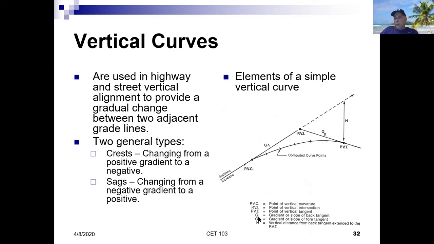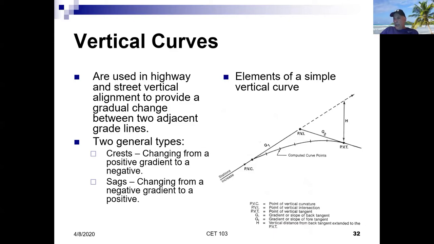Also, two key important pieces of vertical curves is the grade going into a curve and the grade going out of a curve. That's going to be your slope G1 and G2. Another piece of data that's important in the computation of a vertical curve is something that's called the H, or this distance, which would be if we were to extend the tangent going in completely all the way to where the curve ended at the PVT station.